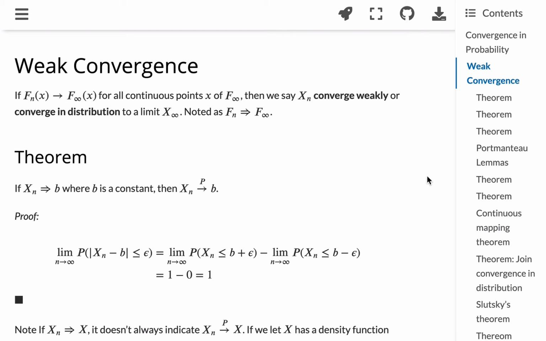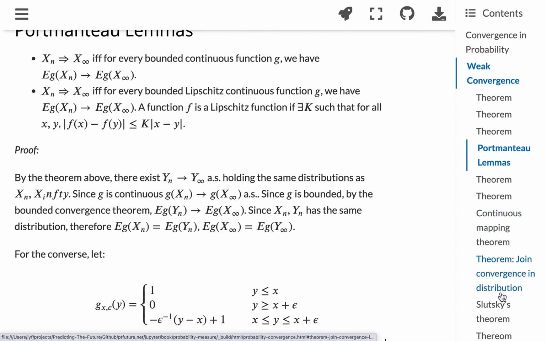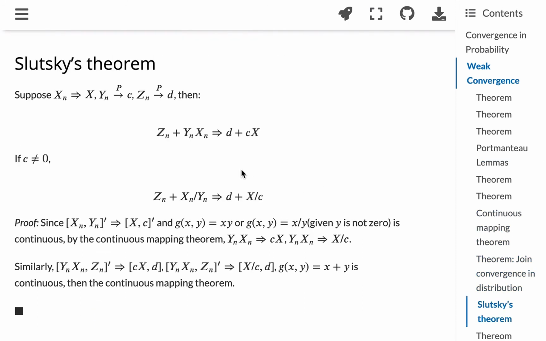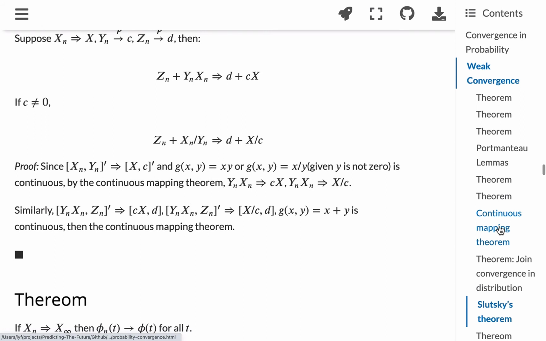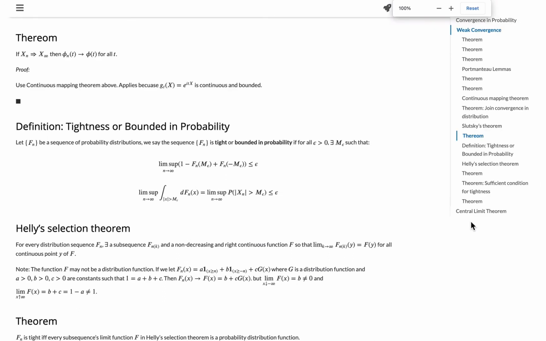We're going to talk about a couple of important lemmas and theorems. The first one we want to talk about is the Portmanteau lemma, and then we're going to talk about the Slutsky theorem.